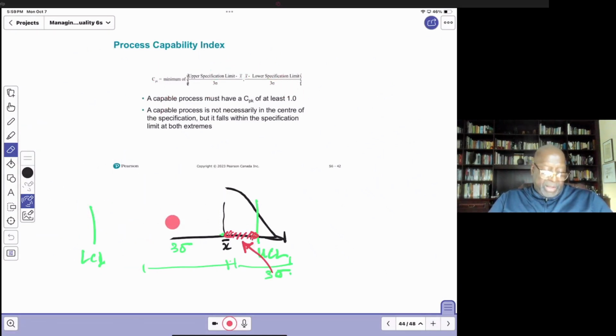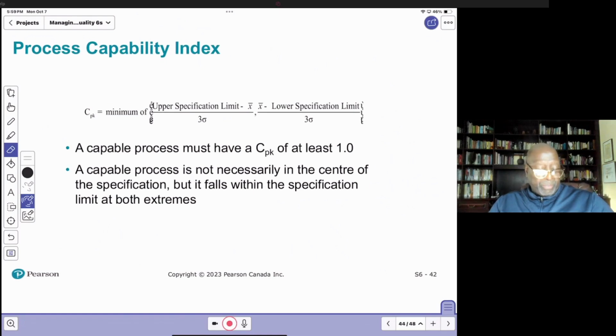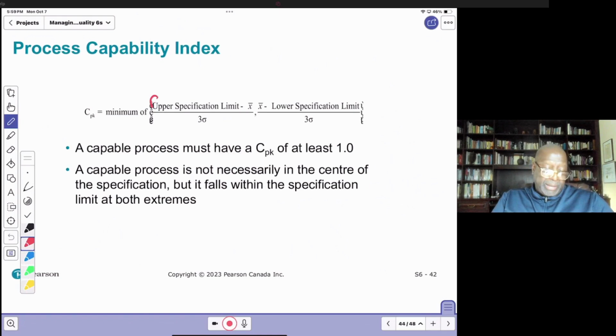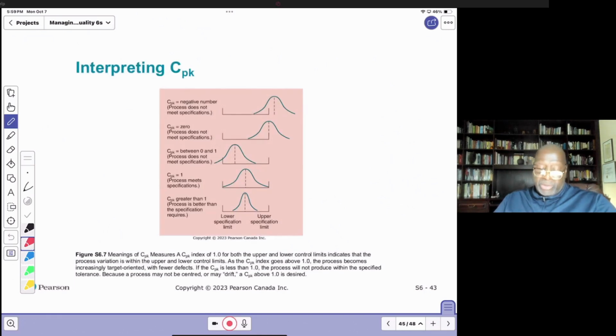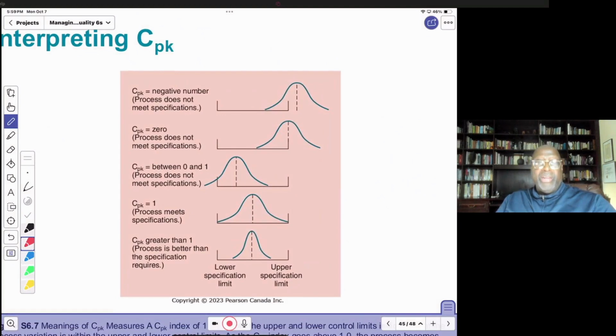All right, so here is the formula for CPK. It is the minimum of those two values that we will calculate. And if the process is not centered, there's a very good chance that one of those limits is not going to be met. Interpreting CPK: if it is negative, then the process does not meet your specifications.